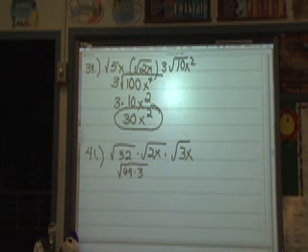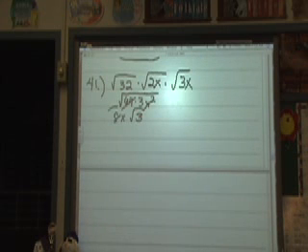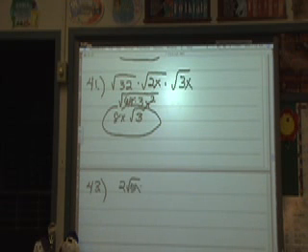I know 64 is a perfect square, so I'm not going to put it with 3. And then x squared. So the square root of 64 is 8, square root of x squared is x, and what's left under the radical? Radical 3. So always try to look for those perfect squares as you're doing these, so you don't have to do extra work.